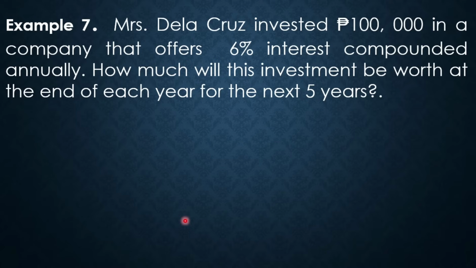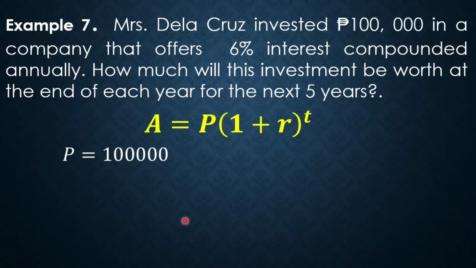So, using the exponential model, A is equal to P times 1 plus R raised to T. So, ano yung principal amount natin dyan? That is 100,000. And the annual rate is 6%. So, kapag naka-percent yan, we need to convert into decimal. And our time, the given time is 5 years.